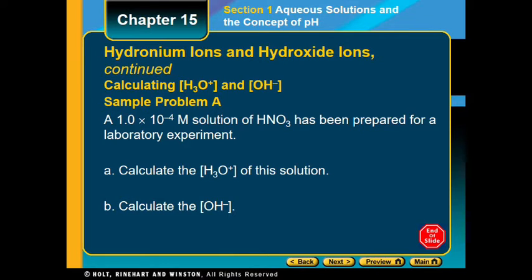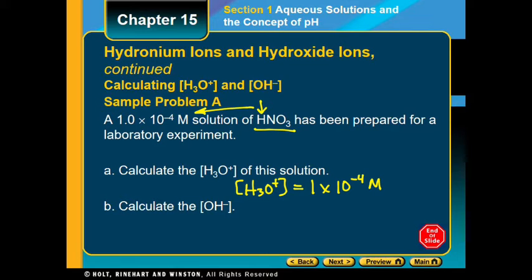Since it is a strong acid, it will completely ionize. Therefore, since this completely ionizes and there's only one hydrogen in this strong acid, the molarity given originally is the hydronium ion concentration. So H3O plus is going to be equal to 1 times 10 to the negative 4th molar.